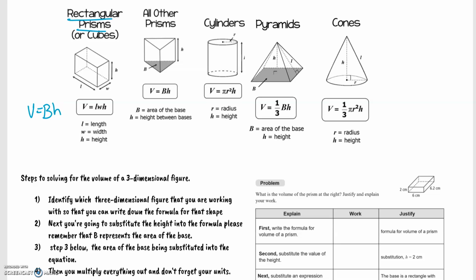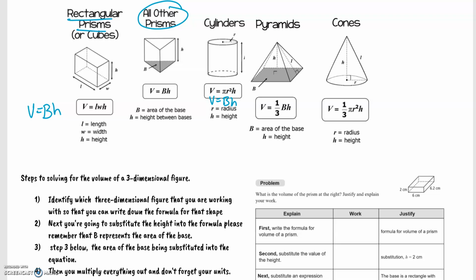And that's going to be true for every single formula. Notice how on other prisms, it's volume equals the area of the base, so the capital B times height. That's also going to work for rectangular prisms or cubes. Cylinder, notice how its volume equals area of the base times height. That still works here.